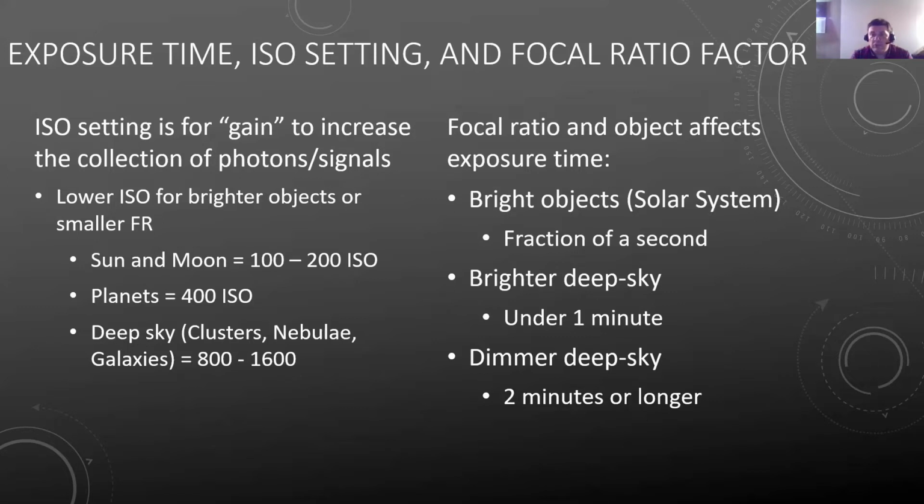But if you're going to image those, you don't need to spend as much time on them because they're pretty bright objects, so you can do them generally in under a minute to get a good view. Once you're getting into galaxies and stuff, you might be going 2 minutes or longer. Of course, if you're doing processing, you can do shorter ones.